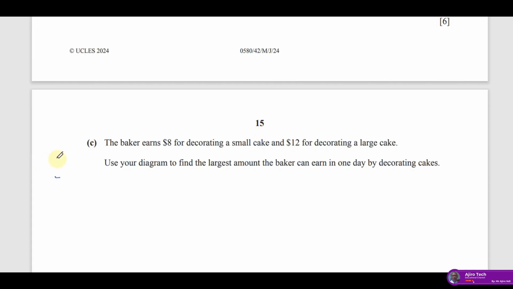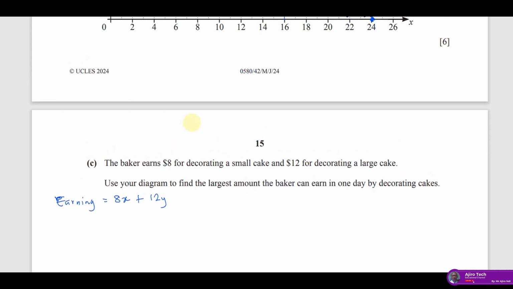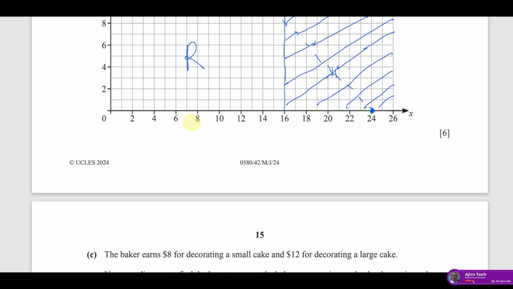So we can say that the earning for all the small cakes is 8x, and for all the large cakes is 12y. The largest earnings are always located at the vertices.